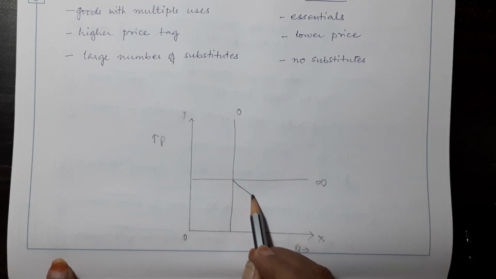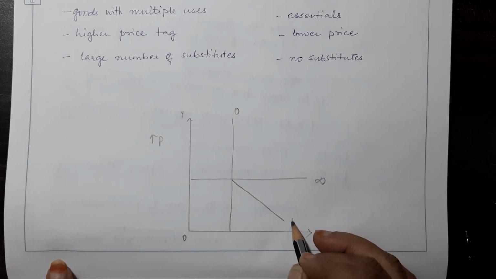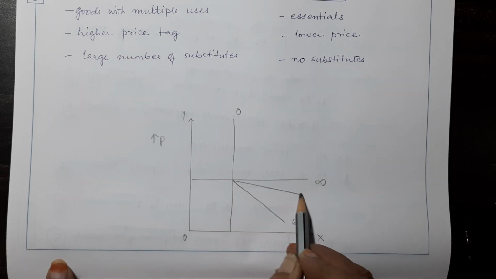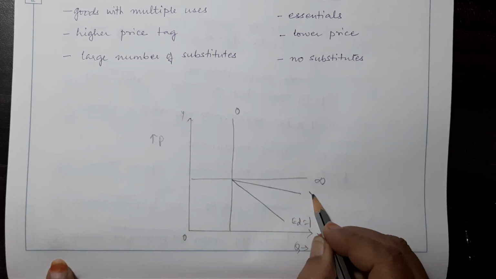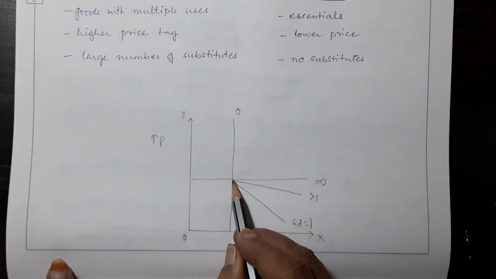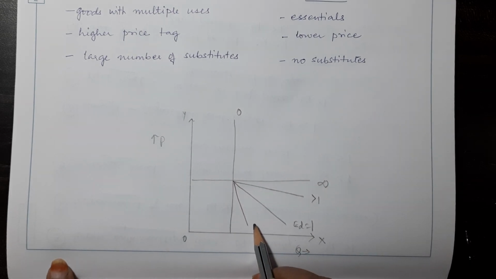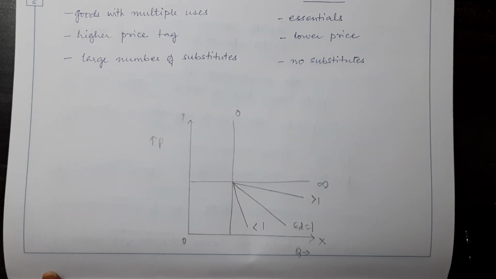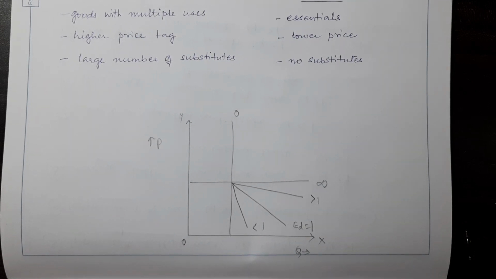And in between them, if you draw a 45-degree line, then here ED will be equal to 1, right? And here, which is a flatter line, ED is greater than 1, and the one that is steeper, here you will find ED to be less than 1. So that's how you can remember all the 5 graphs, right?